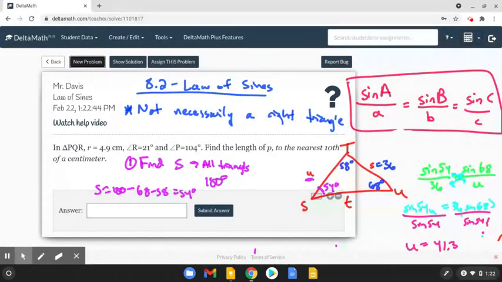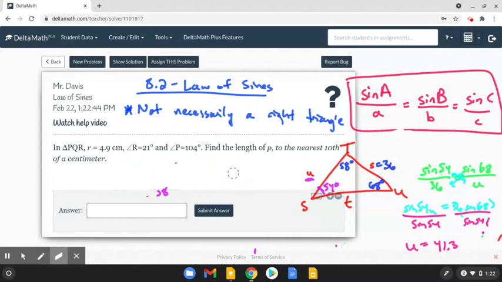This is another one. So this one, you can always tell where you're going to have to find the third angle or not. Just from the outset, this one gives you little r and big R, so it's already ready to go. Honestly, even without drawing it, you could just set this one up. Sine of big R, right, which is 21, over little r, 4.9, equals the sine of big P, 104, over little p, which we don't know.